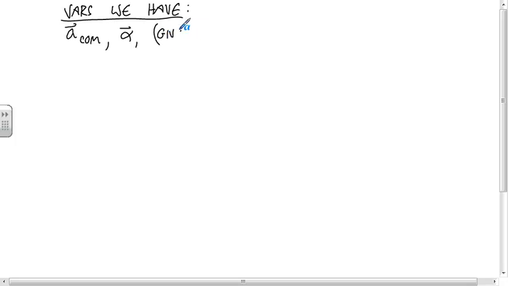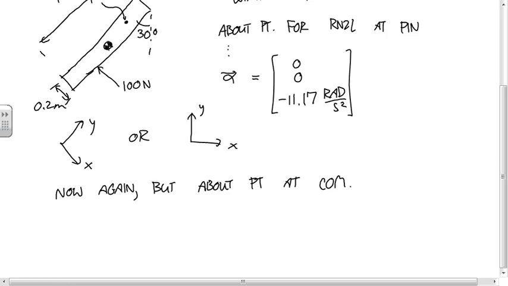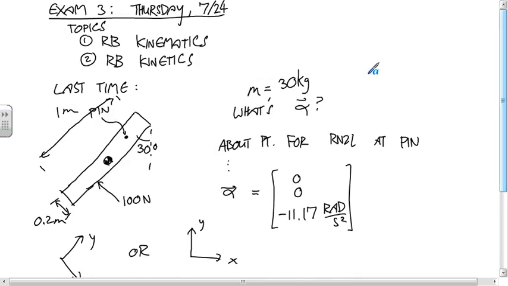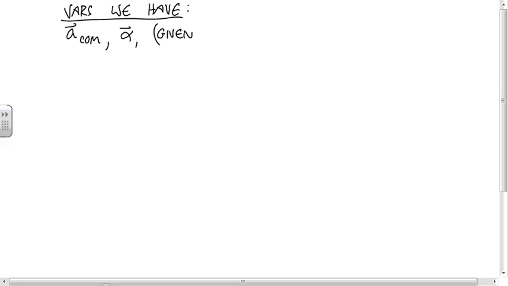This isn't a variable, but at the start of the problem, we're given an angular velocity. I didn't write that down, but I said omega is negative 15 radians per second. And then we have FP, and I guess that's all.